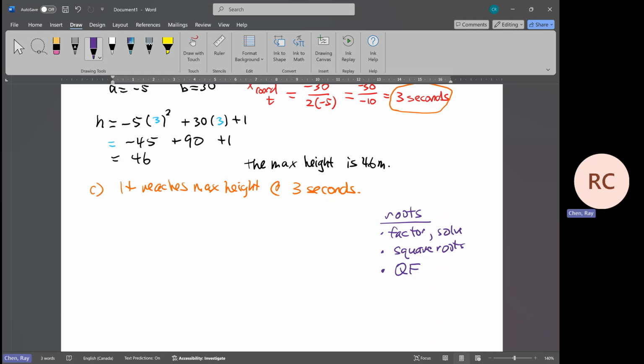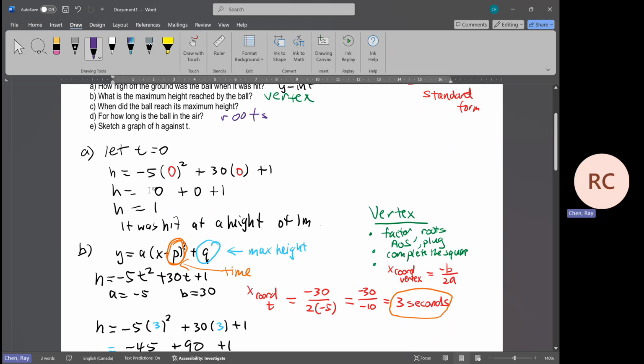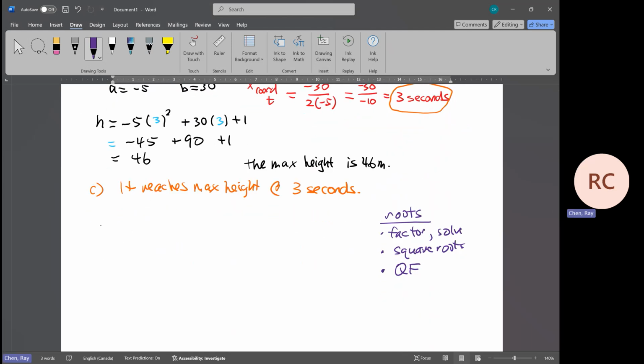So for question D, let's scroll back up again. For how long is the ball in the air? This ball was hit at 1 meter, and then it sailed into the air, reached a maximum height at 46 meters, and then took 3 seconds, and eventually it started coming back down. So for question D, I'll just recopy the question again, just so that people can see it a bit better.